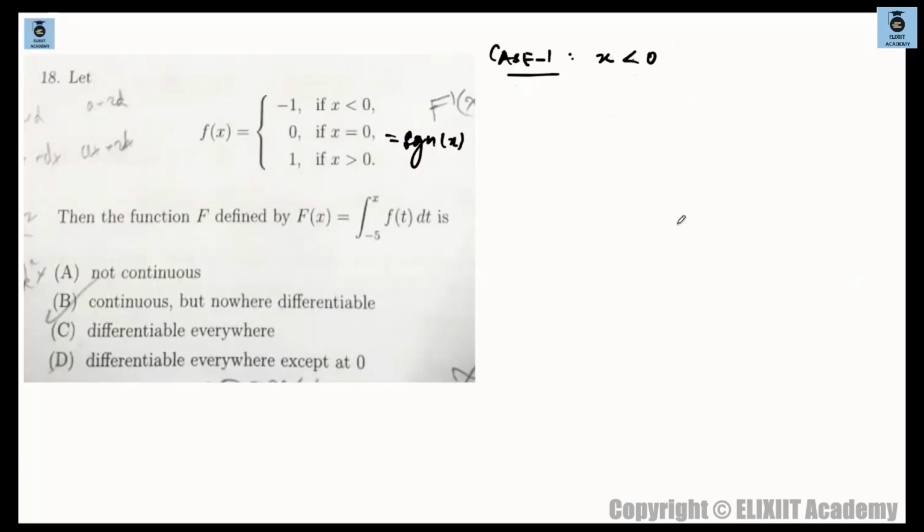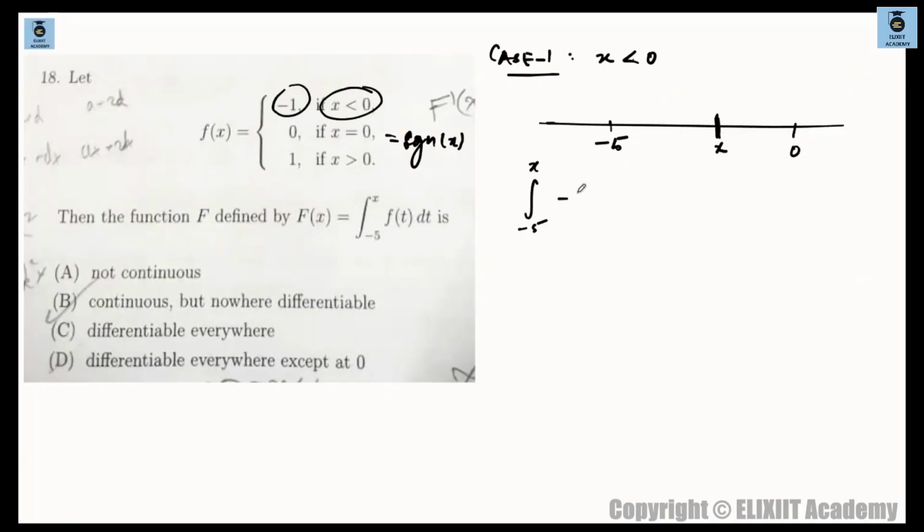So what happens for x less than 0? We have the minimum point to be -5, and at most this is 0. So x is somewhere over here. In this integral from -5 to x, f(t), since x is less than 0, the integrand will become -1.